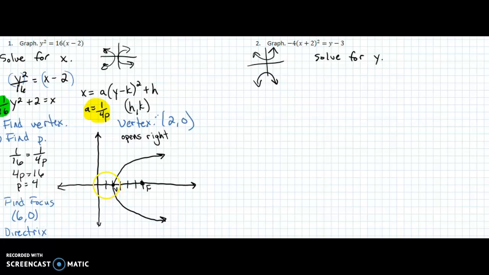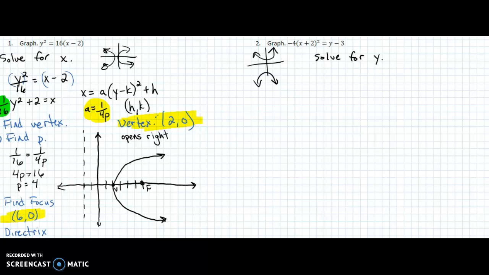The directrix goes the other way a distance of p. So 1, 2, 3, 4, and it is not actually part of the graph, but it helps define the graph. The directrix is the line x is equal to -2 in this case. So the vertex is 2, 0, my focus is 6, 0, and my directrix is x is equal to -2.